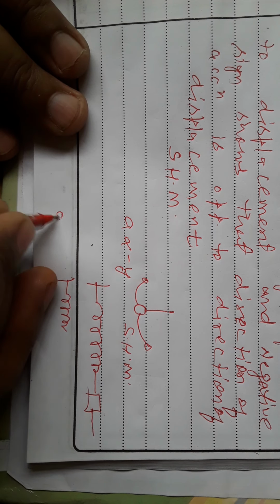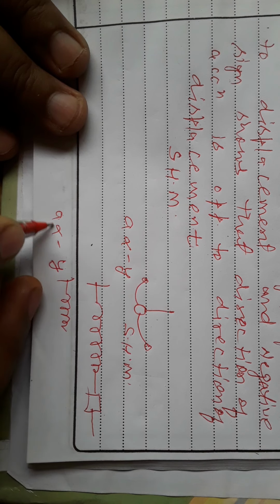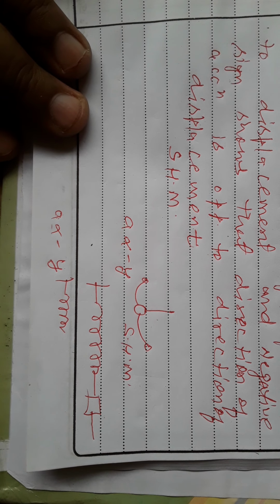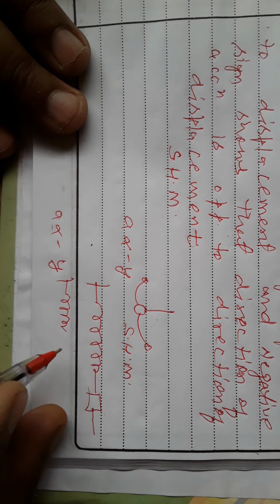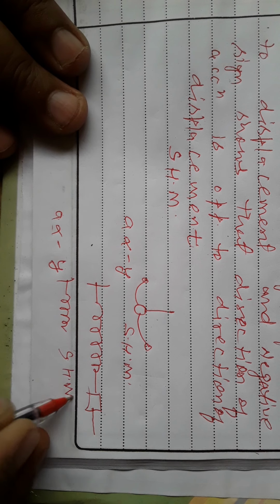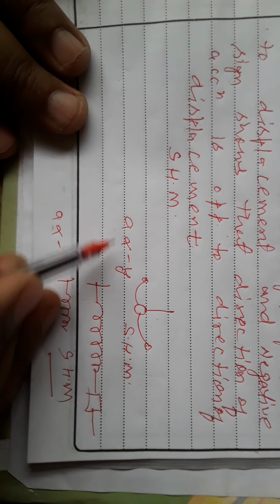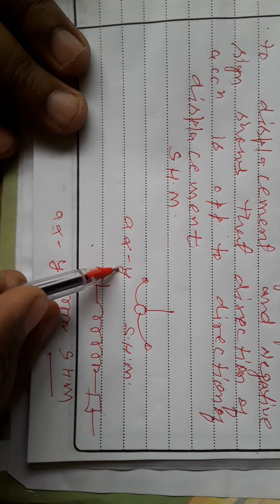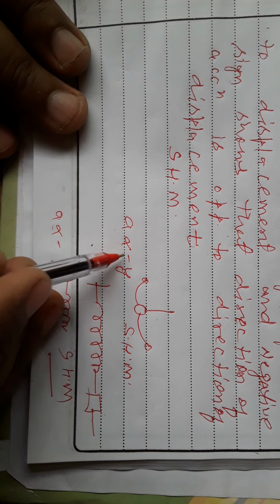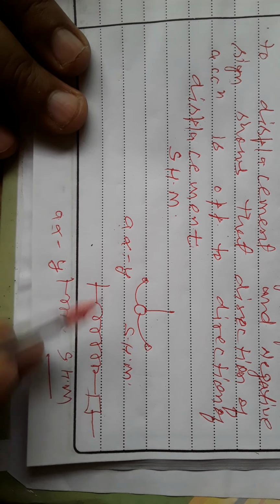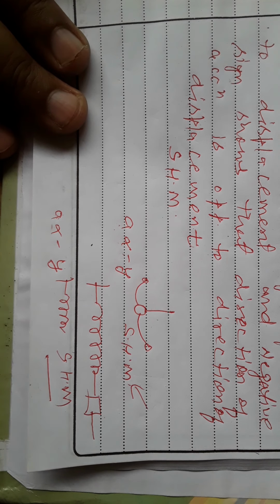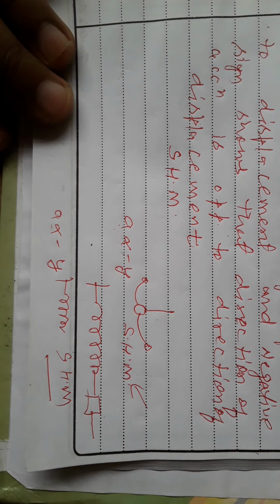This is only possible if acceleration is directly proportional to the displacement. So to prove simple harmonic motion, we have to prove that acceleration is directly proportional to the displacement, and the negative sign shows their direction is opposite. Then the motion will be simple harmonic motion. This is the condition for simple harmonic motion.